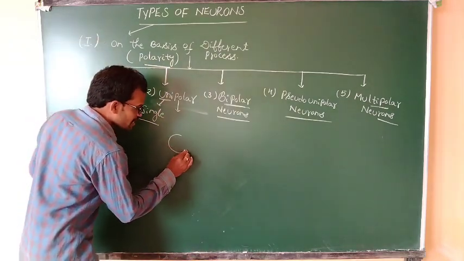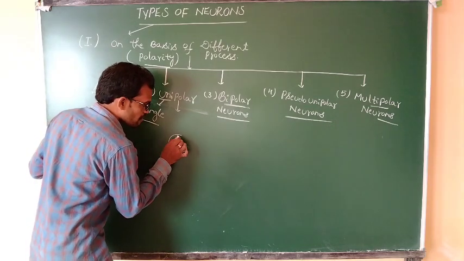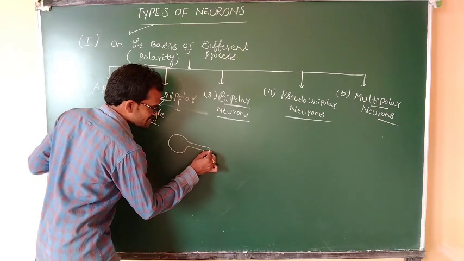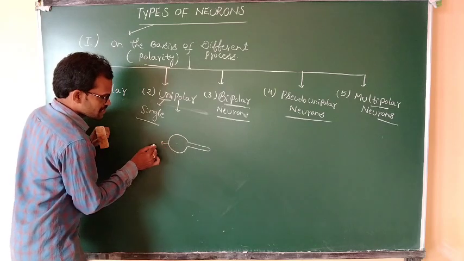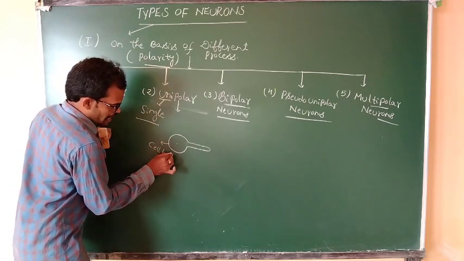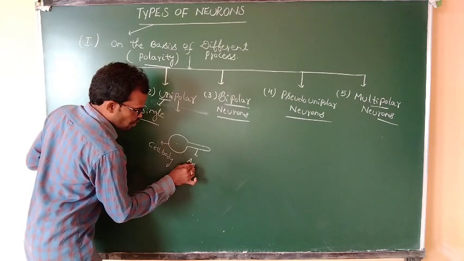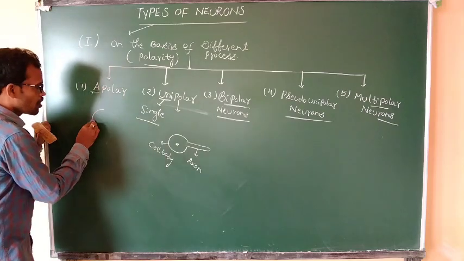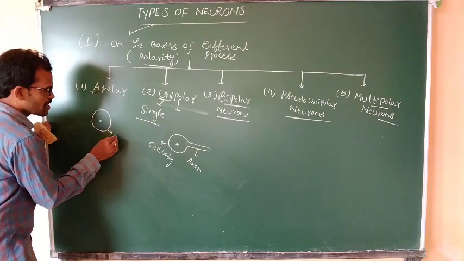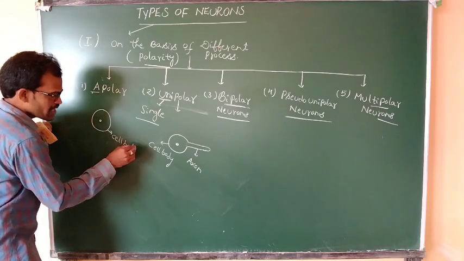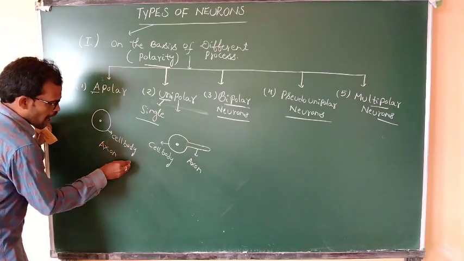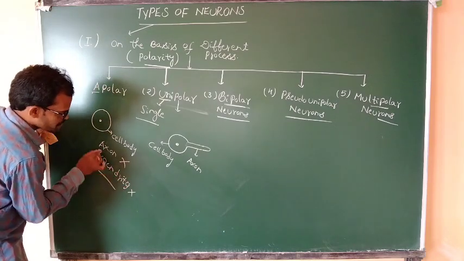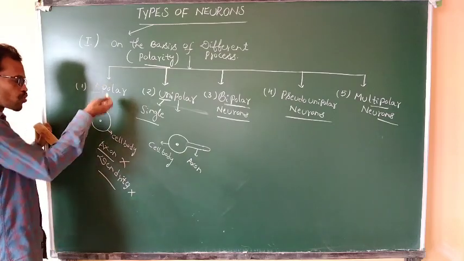Single polarity means it consists of cell body and axon. In apolar neurons there is only the cell body, with axon absent and dendrites absent. Apolarity means no polarity.